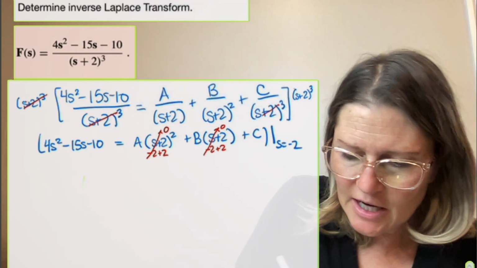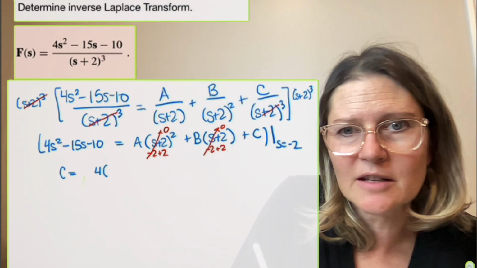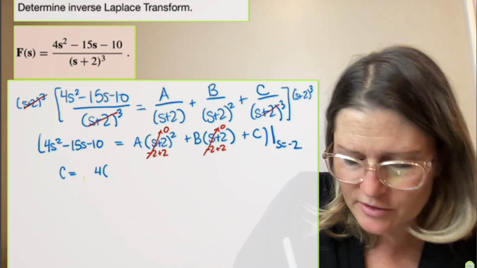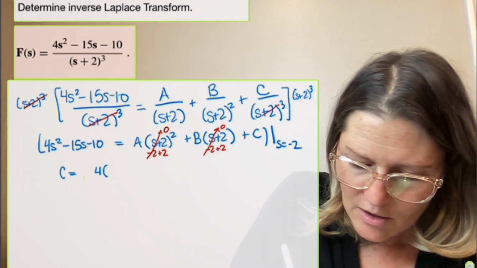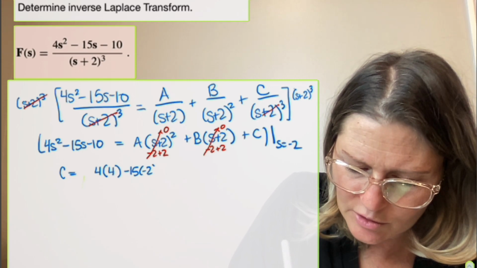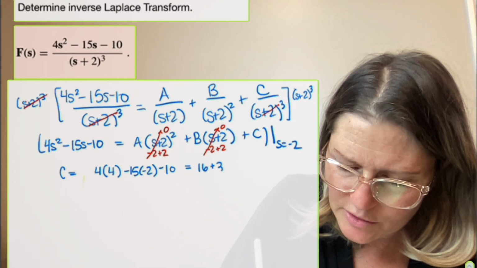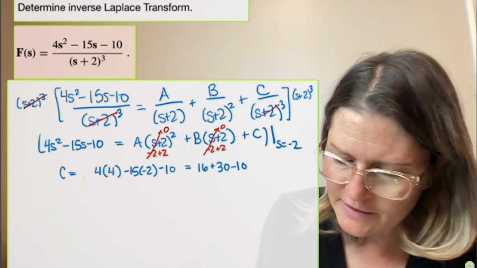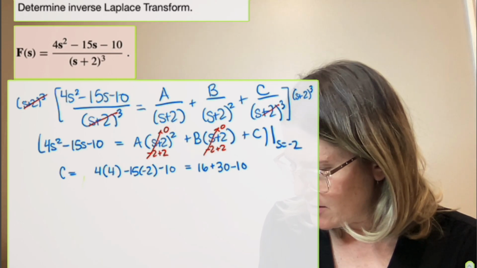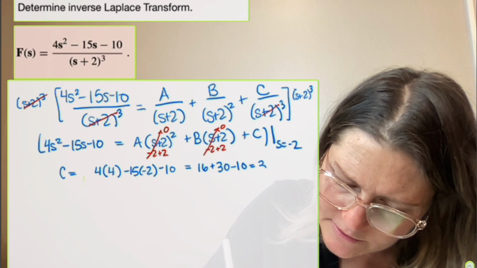And then we just have that C is equal to 4 times S, it's equal to minus 2 squared, so that's going to be another 4, minus 15 times minus 2, minus 10, 16 plus 30 minus 10. And so we get C is equal to 36.